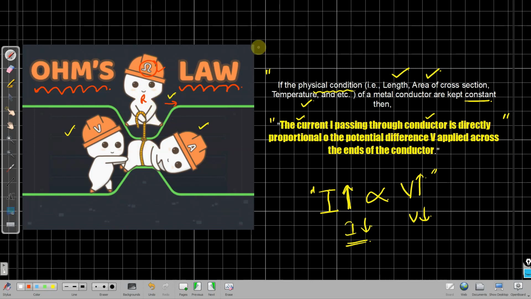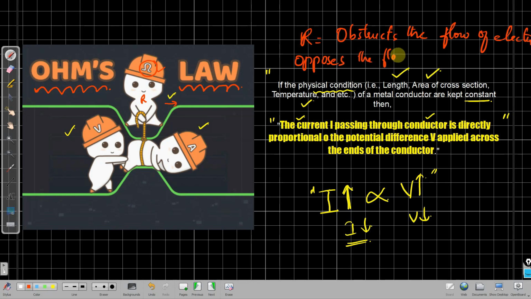So the resistance of the material obstructs the flow of electrons. In simple terms, it opposes the flow of electrons. This property of opposing or obstructing the electrons is called resistance, the resistance of the wire.